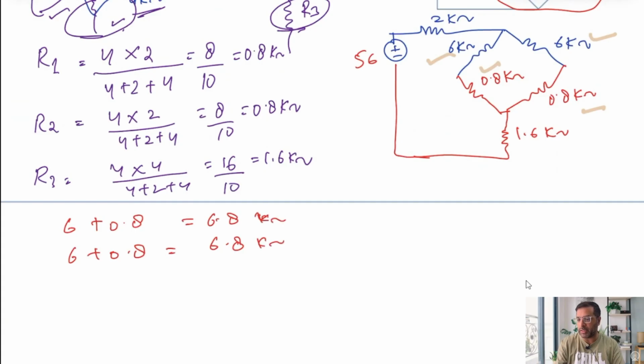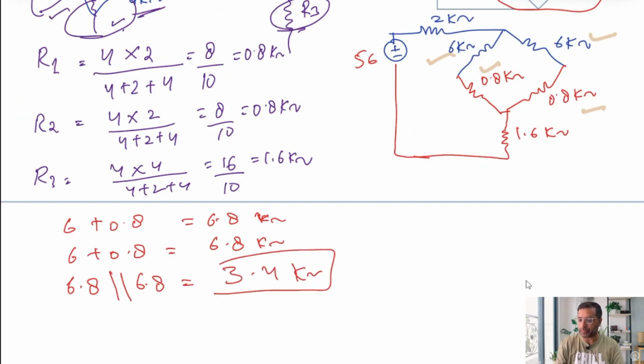Now, if we see this part of the network and this part of the network, they are in parallel. So we can simply do 6.8 parallel 6.8, and when both the values are the same in parallel combination, you have to simply halve the resistance. So it will be equal to 3.4 kilo ohm.